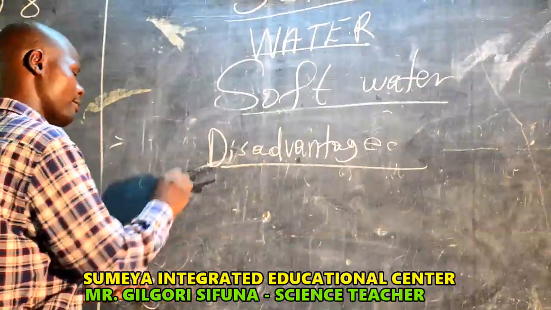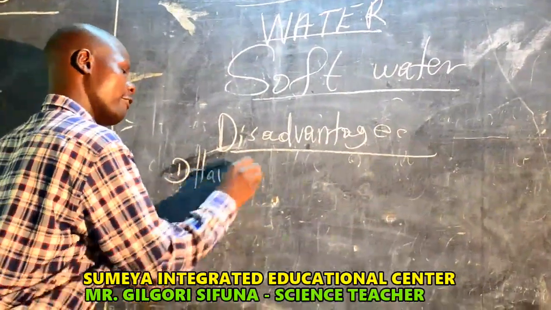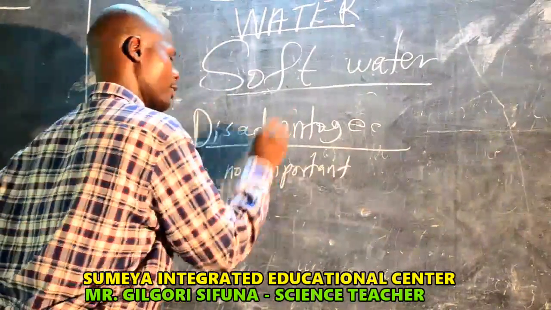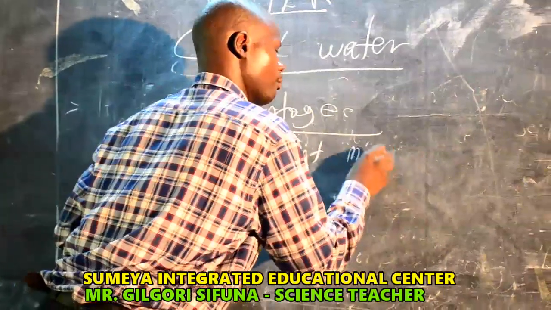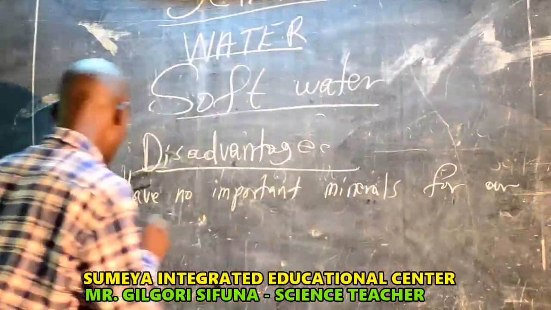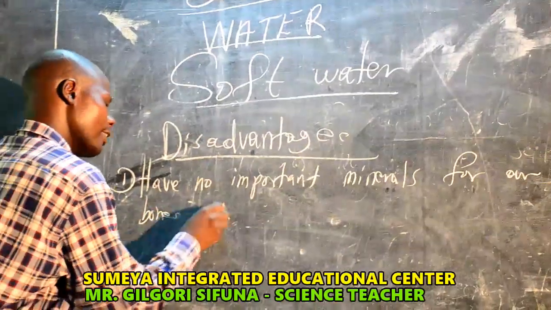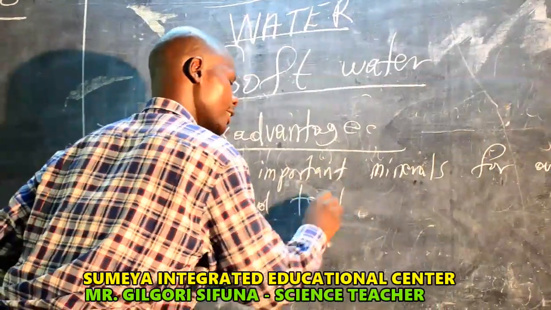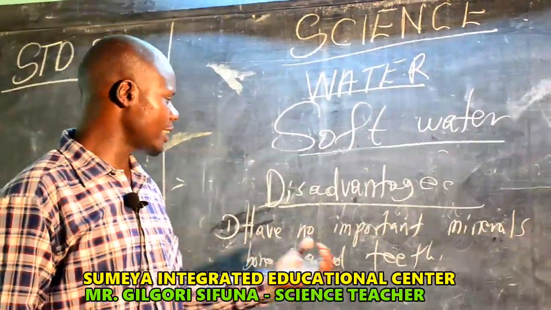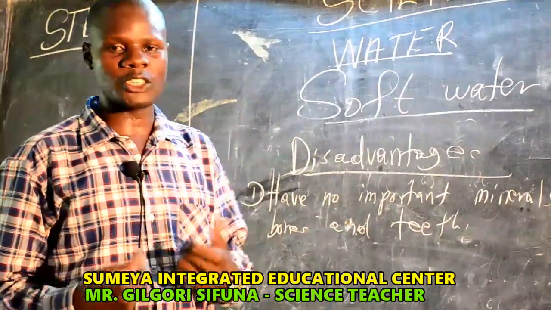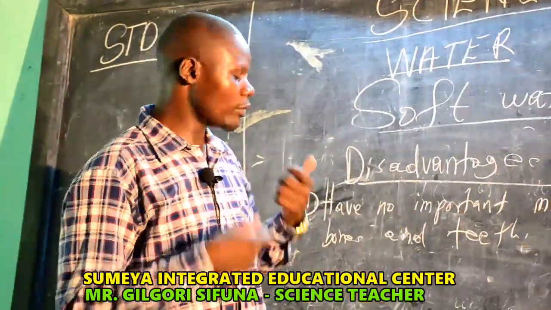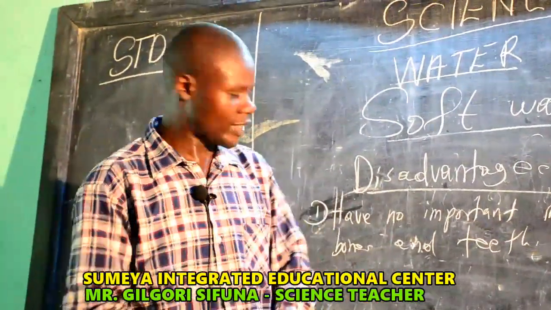Number one, it has no important minerals for our bones and teeth. On the other side, we say hard water has very important minerals, magnesium and calcium, for our teeth and strong bones. But here it does not have those minerals, so it does not make our teeth and bones strong.